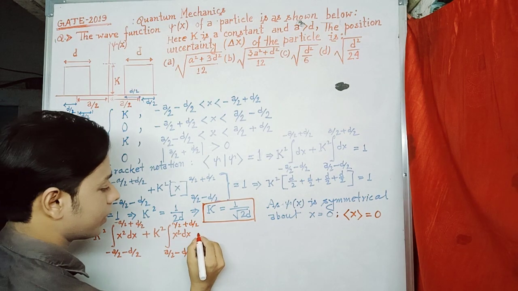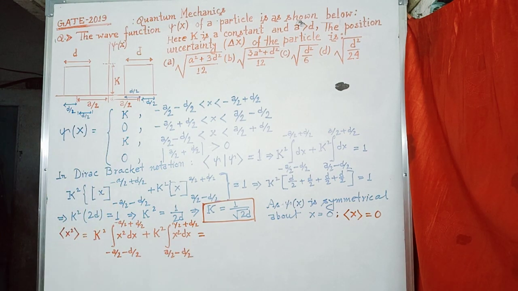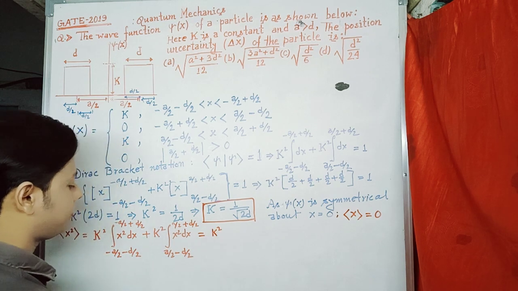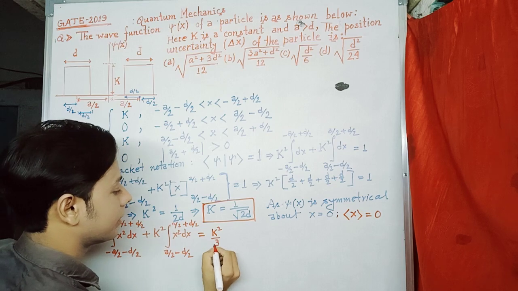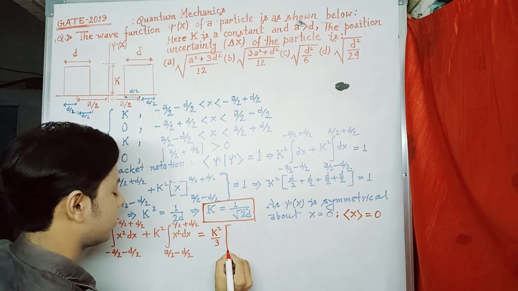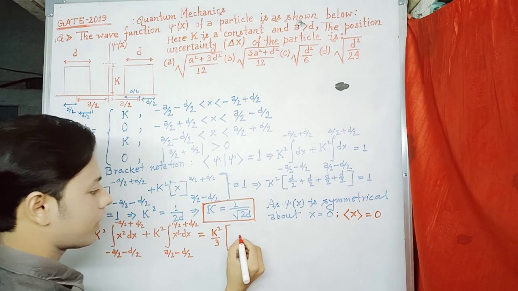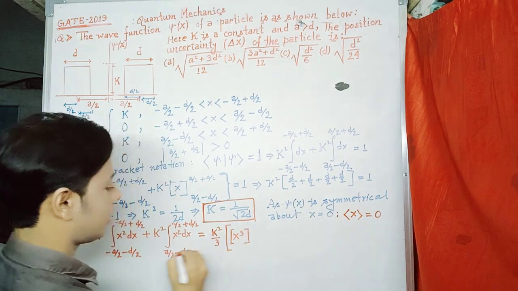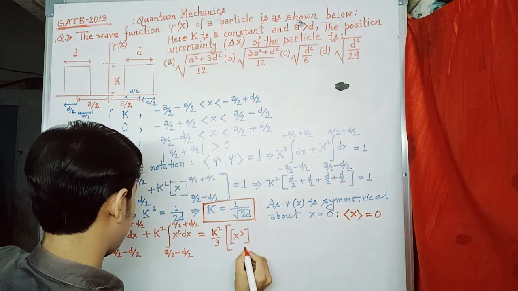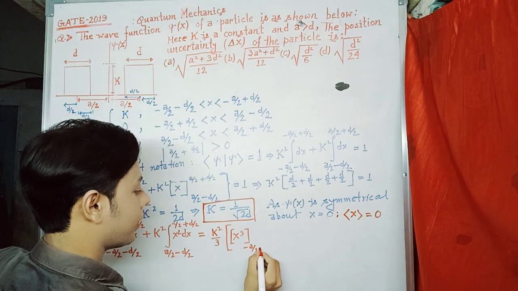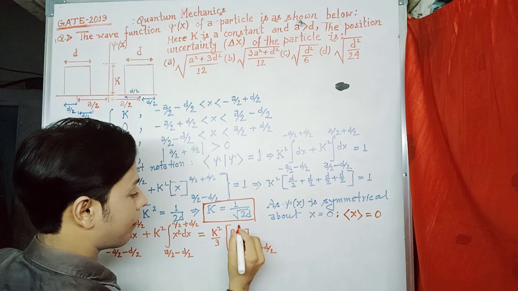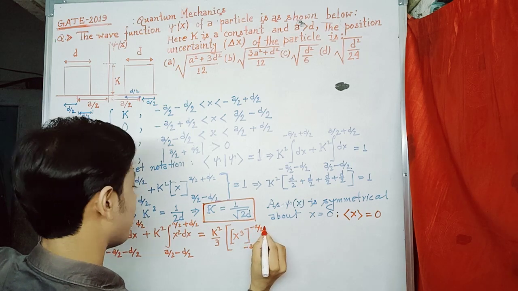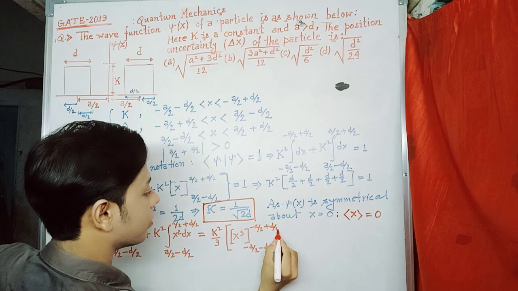Now if we carry out this integral, its value will be equal to k square divided by 3, multiplied by x cube, with limits: lower limit minus a divided by 2 minus d divided by 2, and upper limit minus a divided by 2 plus d divided by 2.